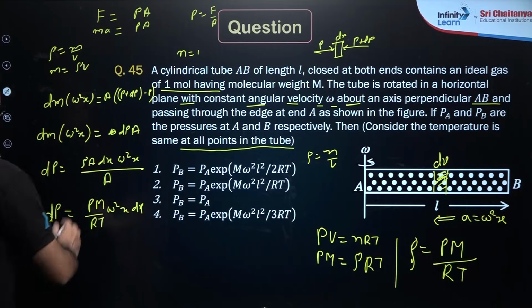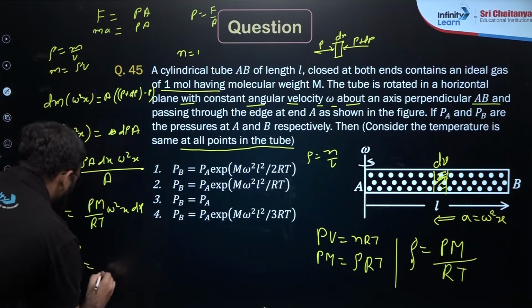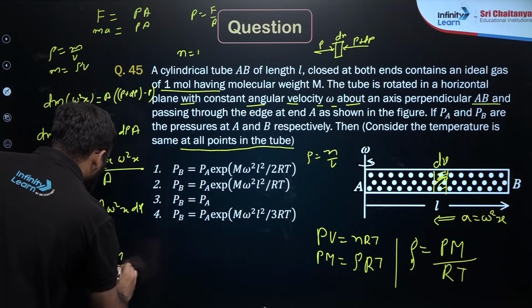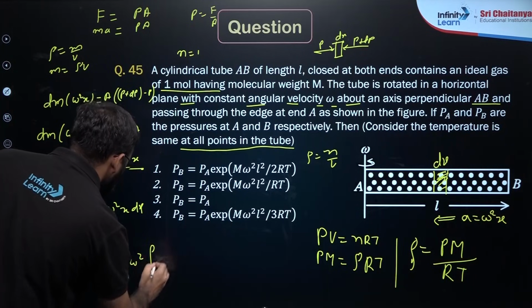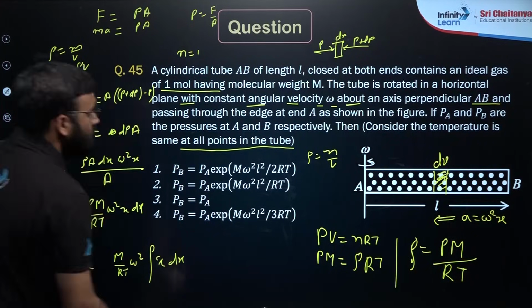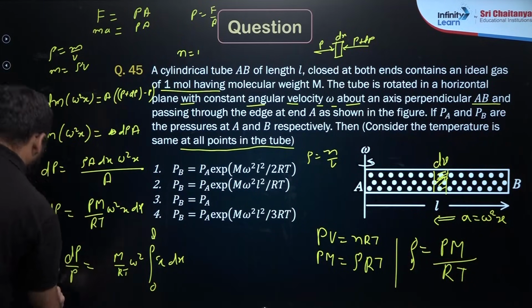Now integrate both sides. Delta P upon P equals M upon RT into omega square x dx, with x from 0 to L and pressure from PA to PB.